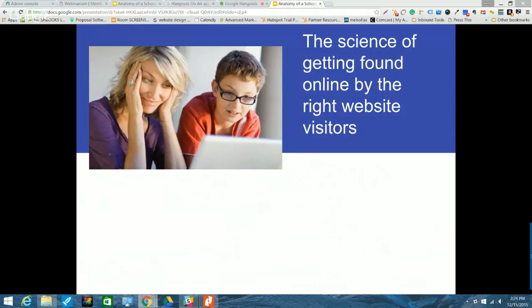Well, first, let's define search engine optimization, otherwise known as SEO. SEO is the process of maximizing the number of visitors to a particular website by ensuring that the site appears high on the list of results returned by a search engine.